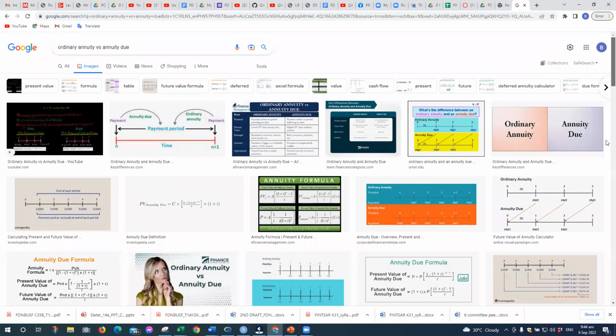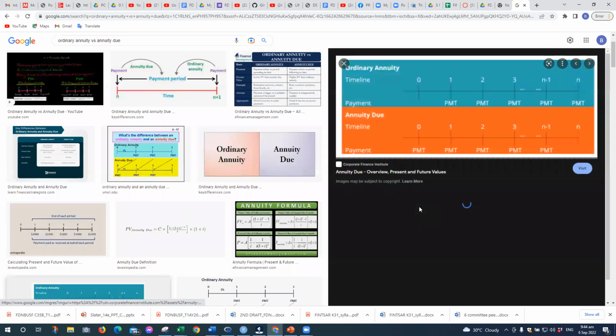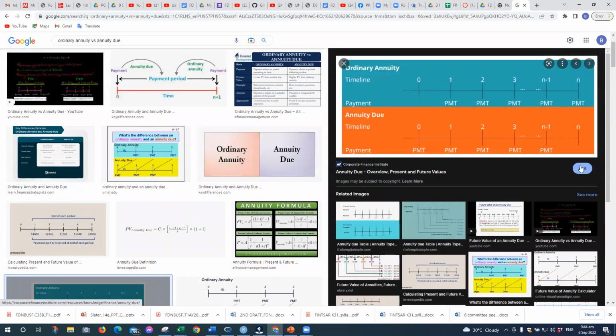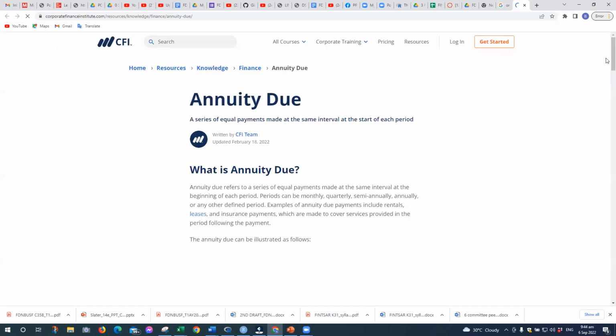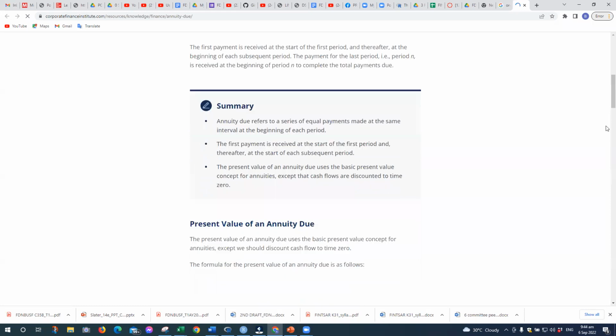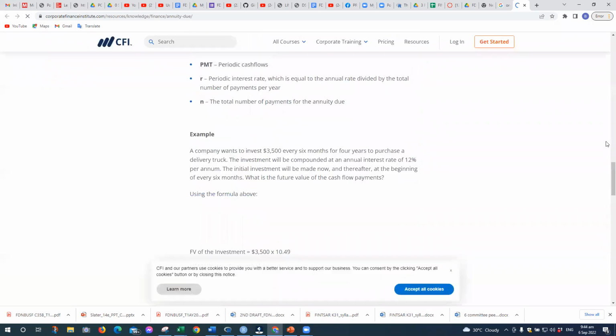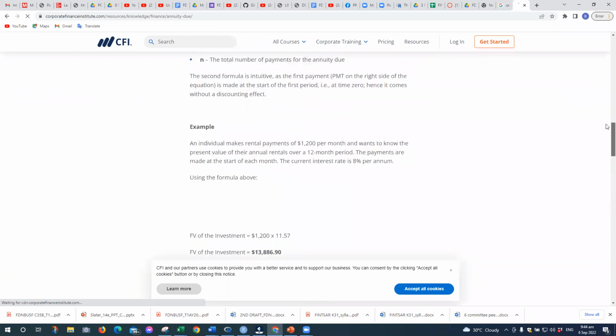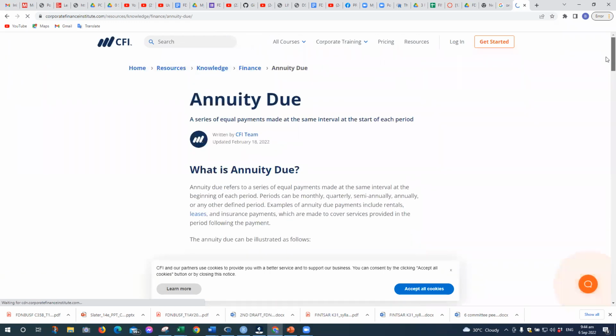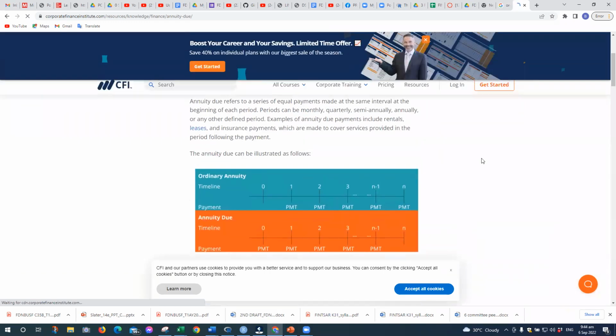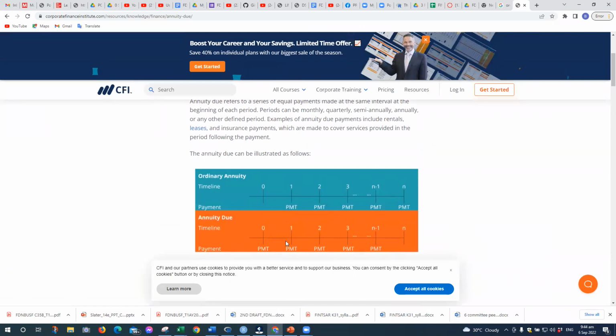Okay, I'm trying to find one. Okay, I think this is okay. So just to illustrate the difference between annuity ordinary and annuity due. So where's that illustration? Here, okay? So take a look at this.